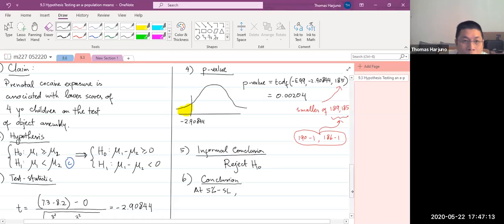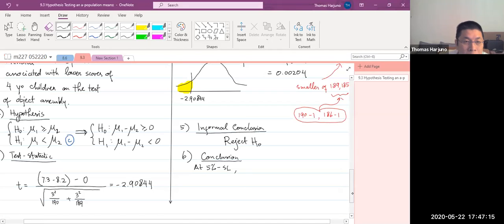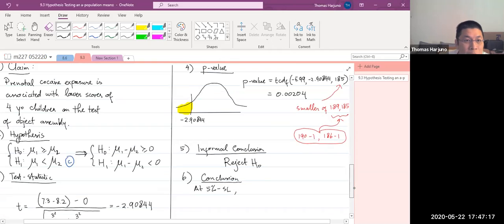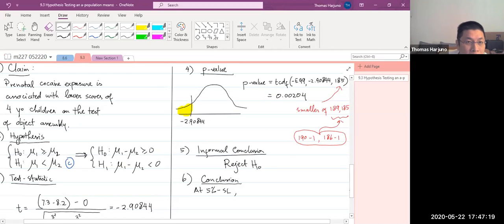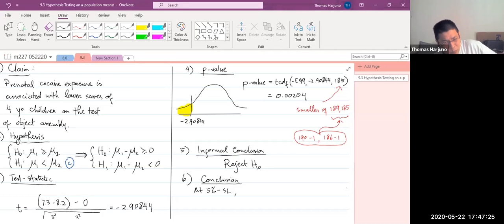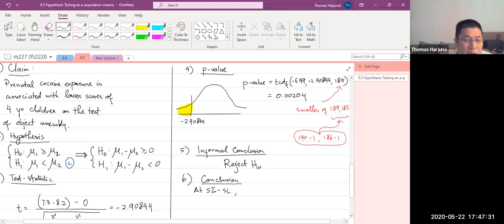Okay. So children associated with prenatal cocaine exposure, associated with this lower score of 4-year-old children, is very, very significantly different from those without prenatal exposure.